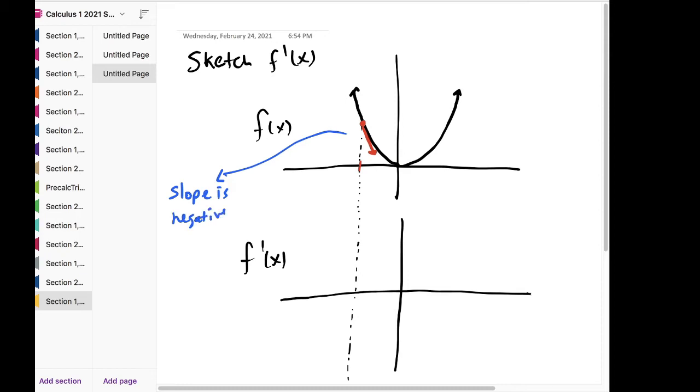Okay, so if the slope is negative, that means in your graph, it should be in the negative quadrants. But how about up here? Which slope is more negative? The one on the left or the one on the right?